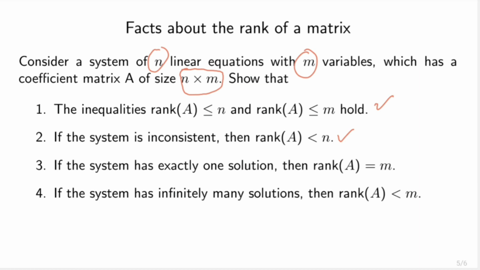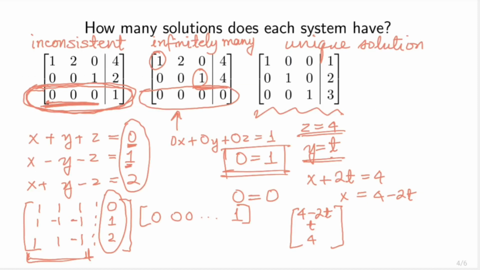But let's look at why that would be the case. If the system has exactly one solution, then the rank of A, that's the coefficient matrix, is equal to n. Now, recall that every row has at most one leading one, and every column also has at most one leading one. When you have a unique solution, every column has a leading one. That's what it means.